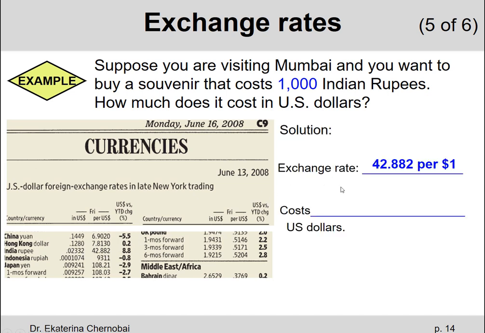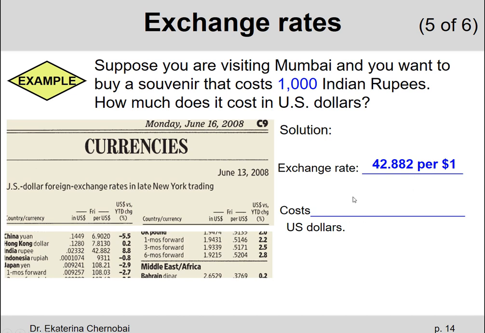Well, let's say we want to use the number from the second column, just like we did in the previous example. That's 42.882. This is how many rupees it is per 1 US dollar. So 42, almost 43 rupees gives you $1.